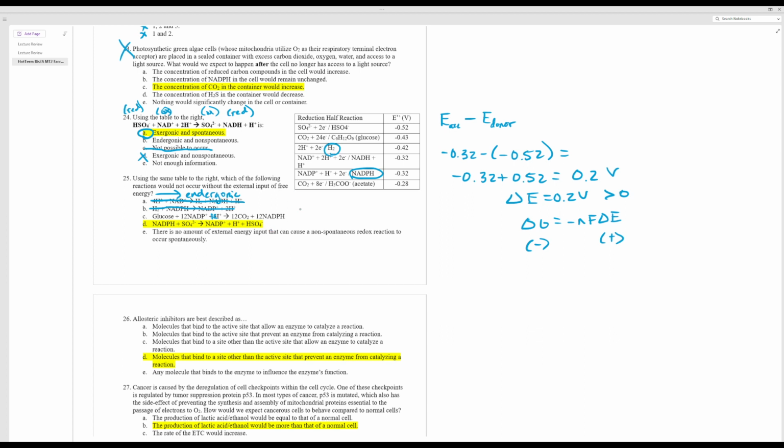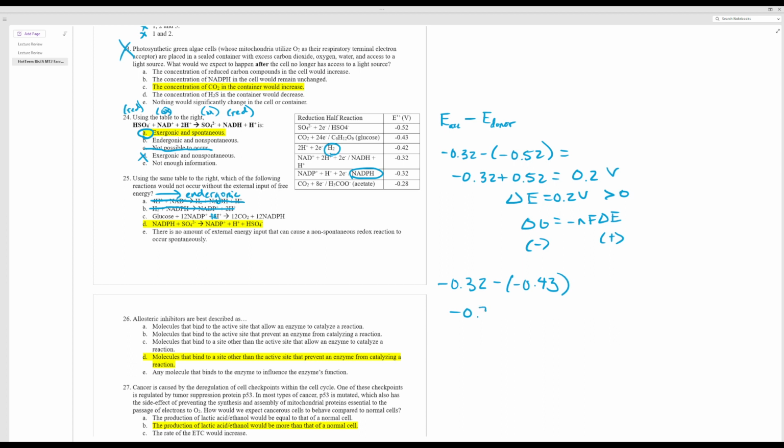Well, we have glucose, which has an E value of negative 0.43. And it's going to be the donor. So we have a reduced form and an oxidized form. So that means it is possible now, because glucose is reduced. NADP plus is oxidized. So we'll do acceptor minus donor. The acceptor is NADP plus, so negative 0.32, minus the donor, which is glucose, negative 0.43.